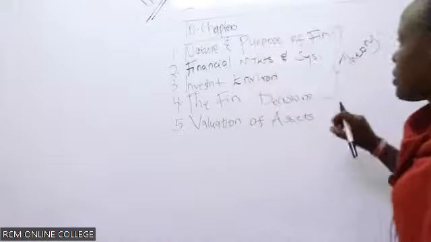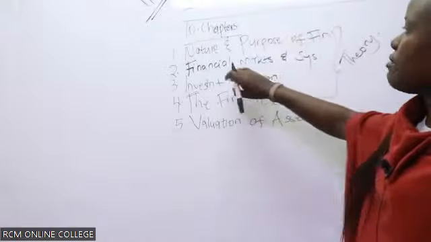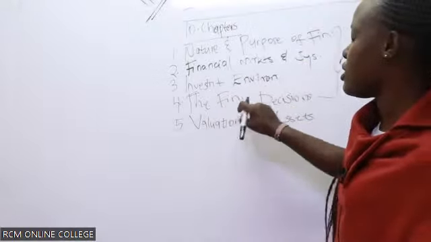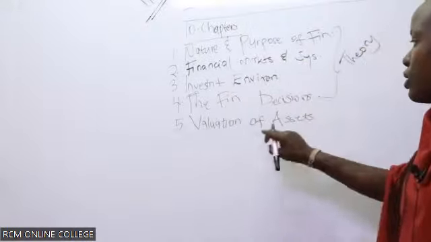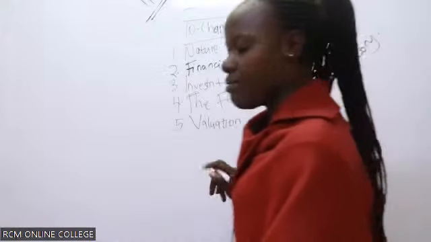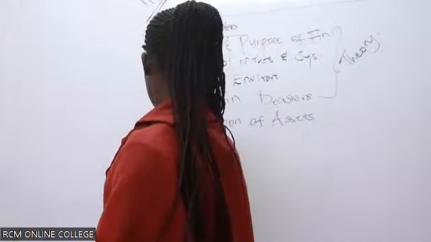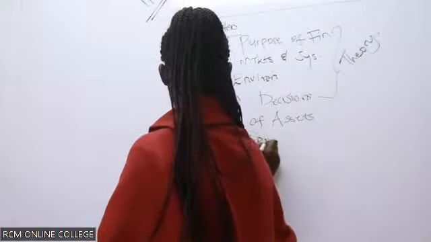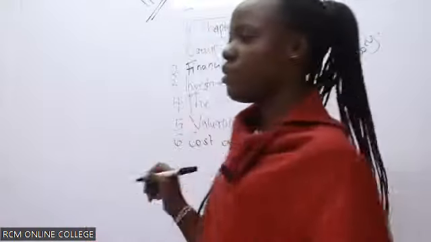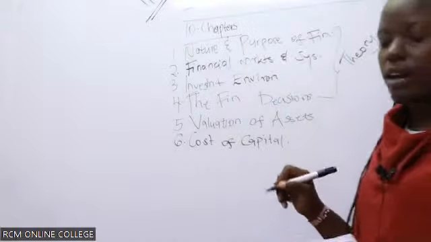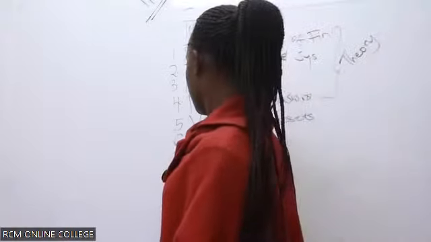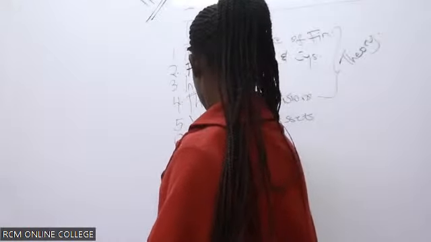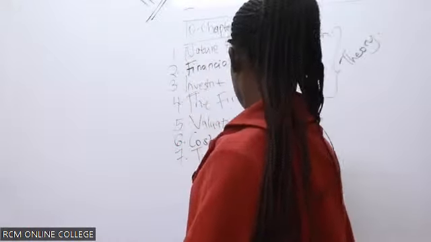So we have nature and purpose of finance, financial markets and systems, investment environment, the financing decisions, valuation of assets. Then we have cost of capital as our 6th topic. Then time value of money.